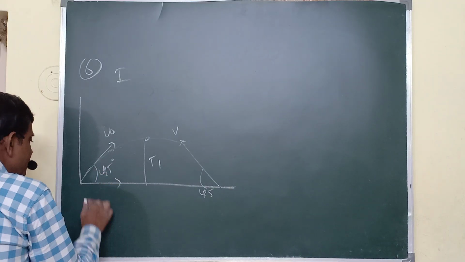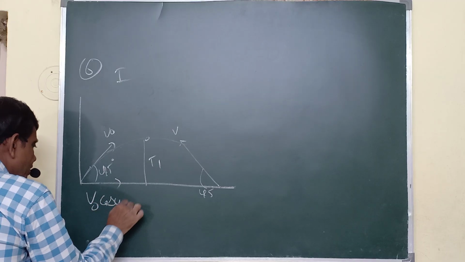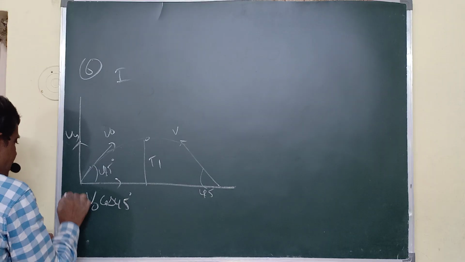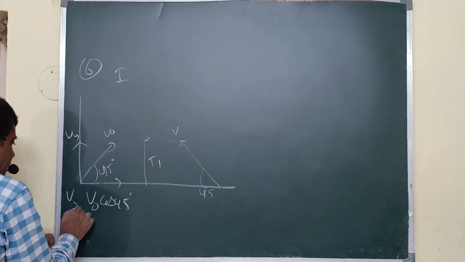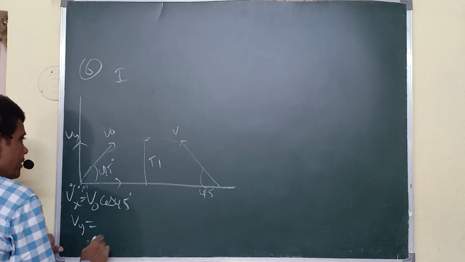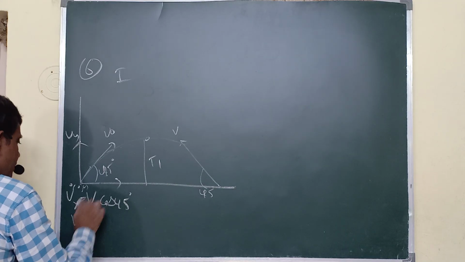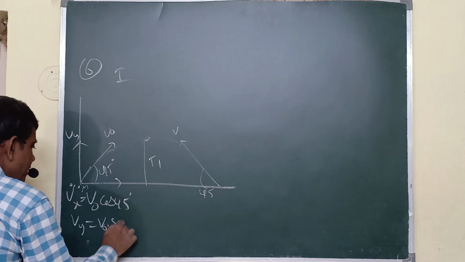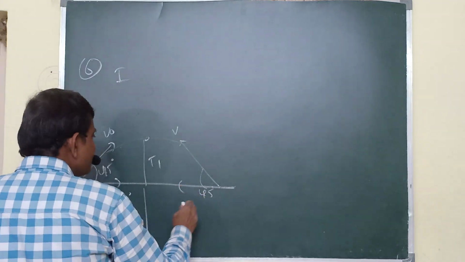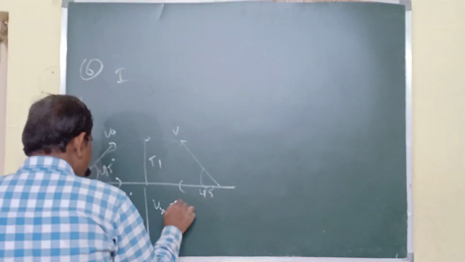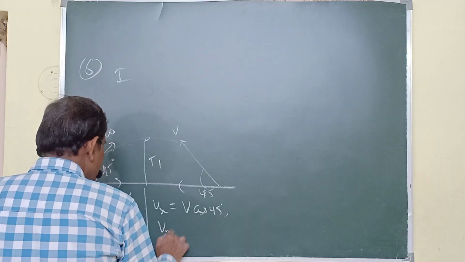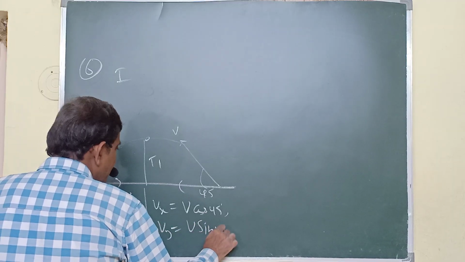For V0, the x component is V0 cos 45, and the y component is V0 sin 45, taking this as the origin. Similarly for V, the x component is V cos 45 and the y component is V sin 45.